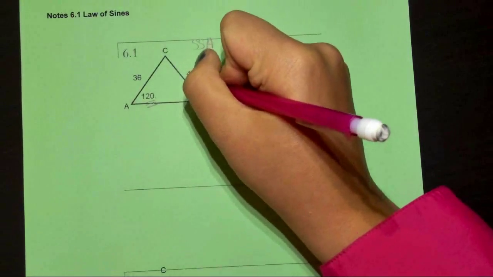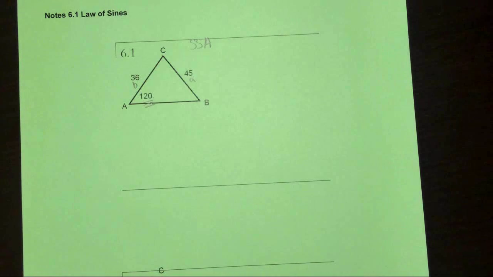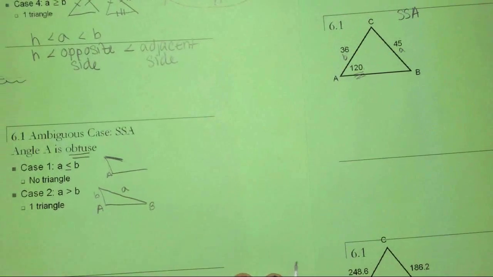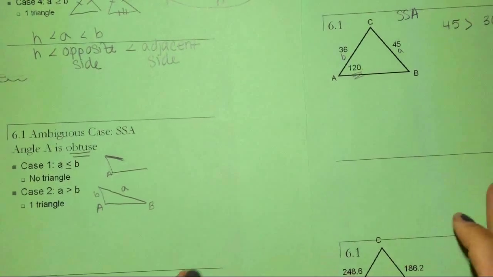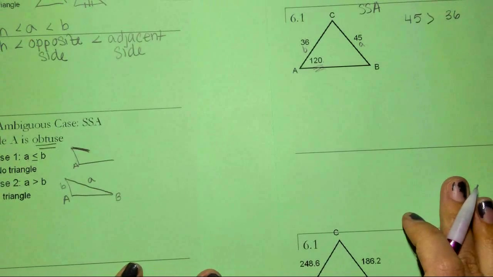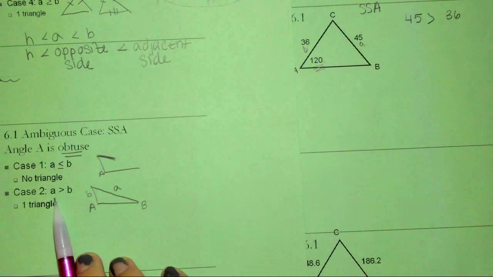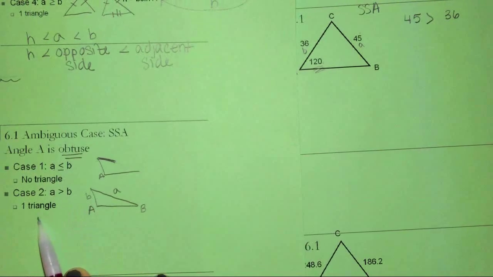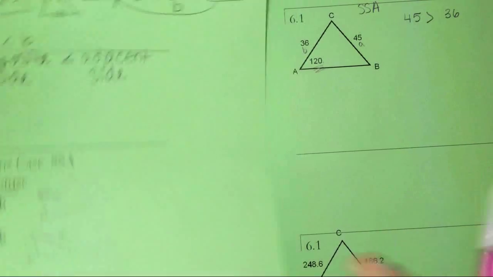We have side A, and we have side B. Just looking back at those rules, we're going to compare 45 and 36. 45 is larger than 36, so that means we're going to have case 2. Our opposite side from our angle is greater than our adjacent side, so we can find all the other missing information because we will have a created triangle.